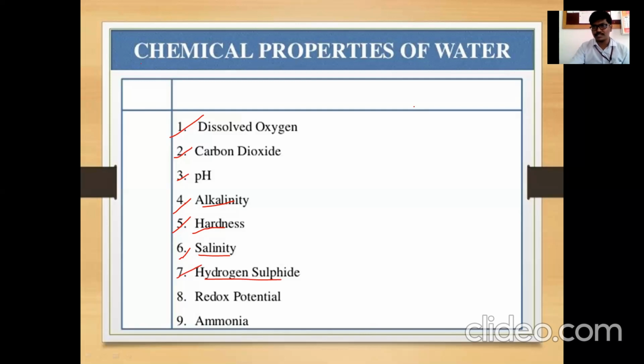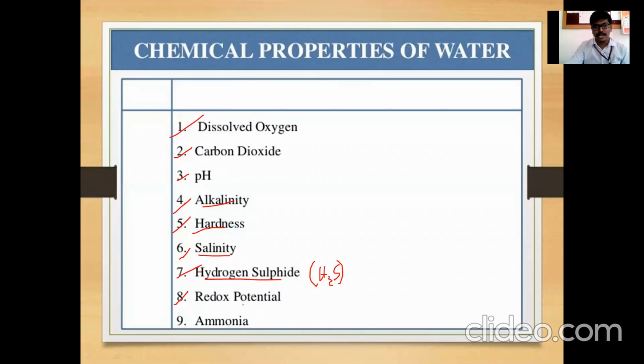Like H2S, hydrogen sulfide is nothing but H2S. This H2S presence in the water should be avoided. If it is present, we may get a foul odor, like rotten egg, that type of foul smell. And it is also flammable, and it is poisonous also. That's why we should see that hydrogen sulfide is not present in the water.